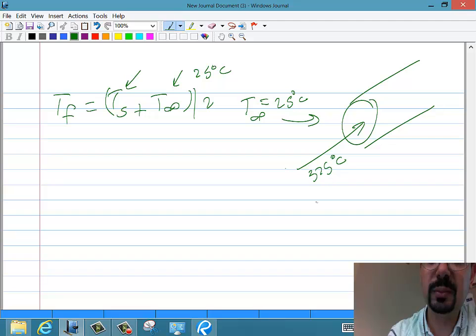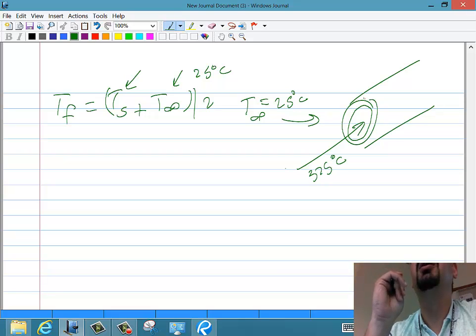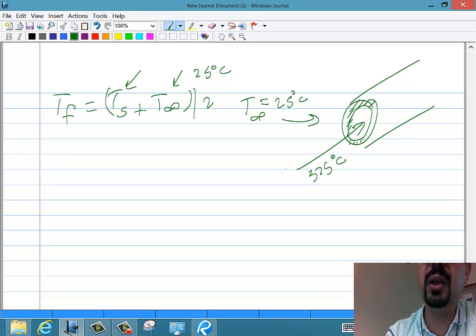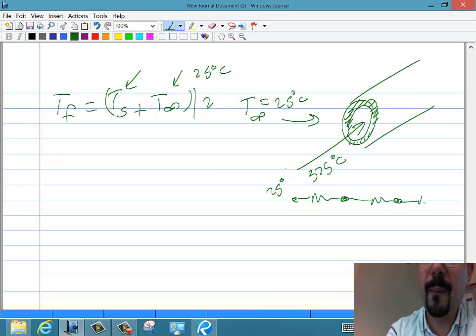Since we don't have any, you're assuming there's no heat transfer to the pipe inside. Wait, we assumed the conduction is neglected, right? So when we assume that the conduction is neglected, then we short circuit this part.